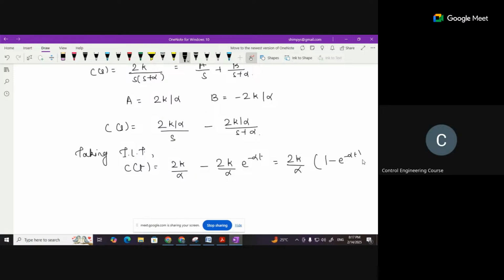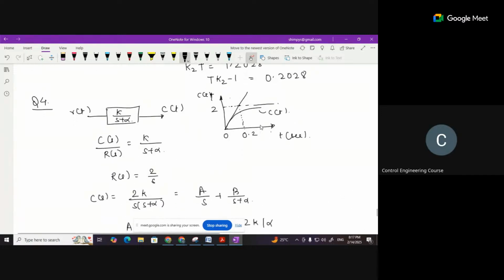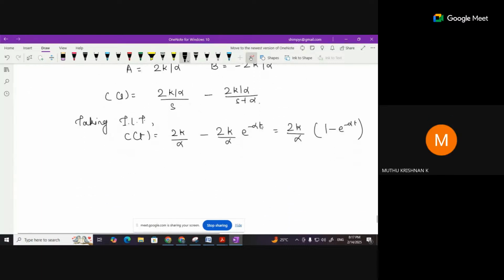Now again, you have to see this response. What is the steady state value? 2, or around 2. This is going to be constant, and this will become 0.